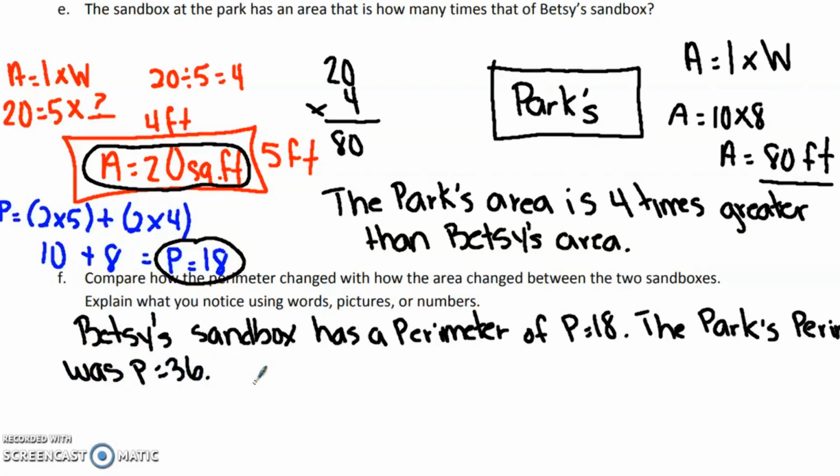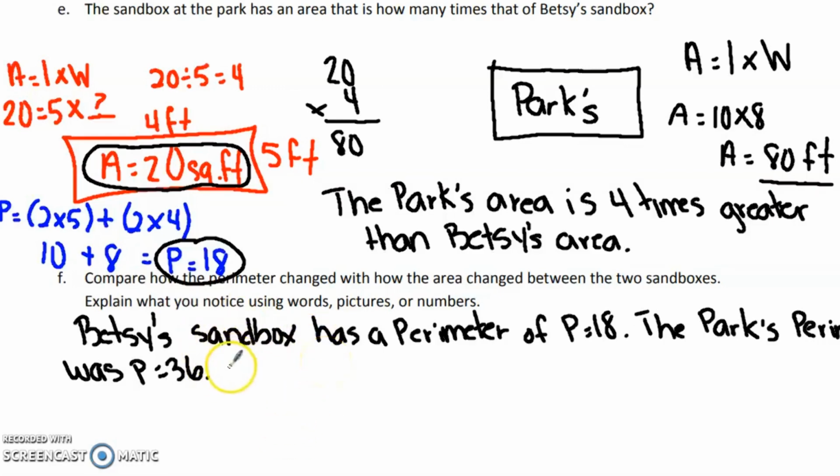Again, what is the difference? Well, if we look at 18 and we look at 36, I can definitely tell that 18 is half of 36, or in other words, 36 is twice 18, because again, 18 times 2 gives me 36. Okay, so that's one thing I can say.